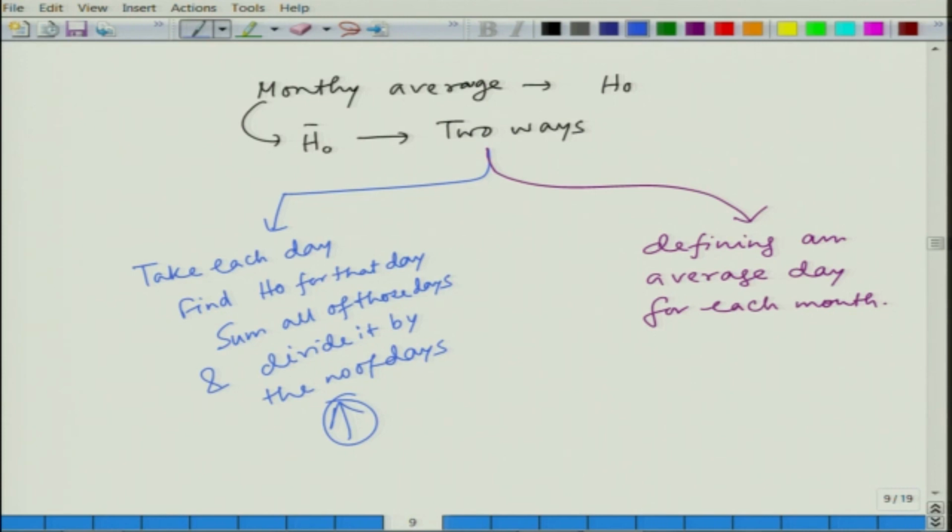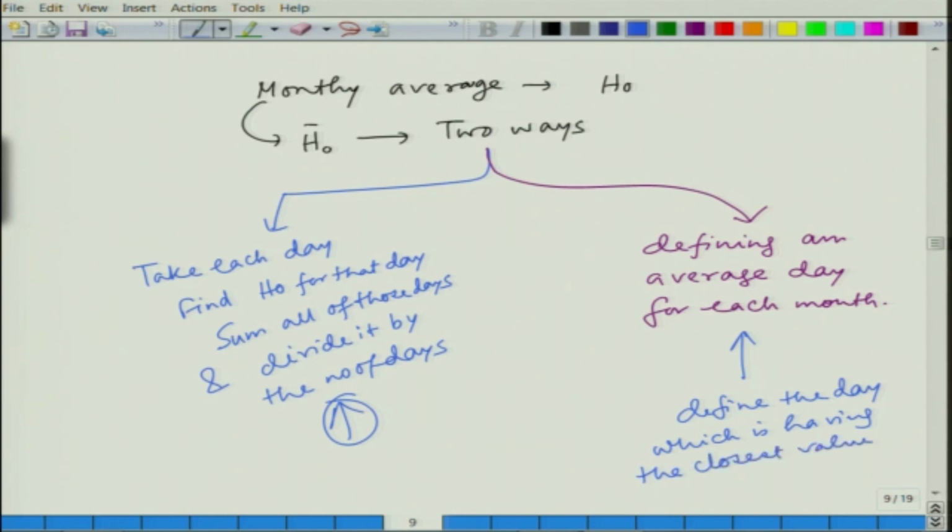You define that particular day, the day which is having the closest value to the average, and that will be your average day of the month.